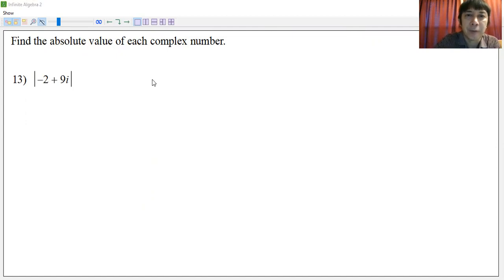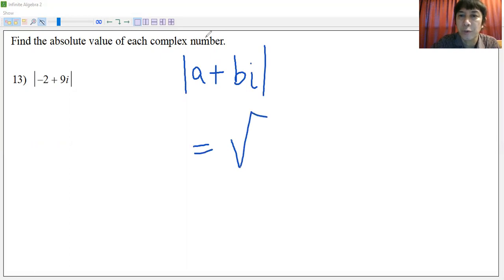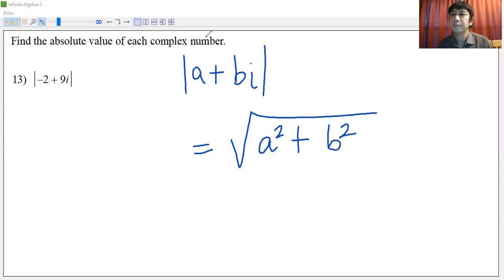The absolute value of a complex number like this is equal to the square root of the square of the real number plus the square of the coefficient of the i, which is the b.